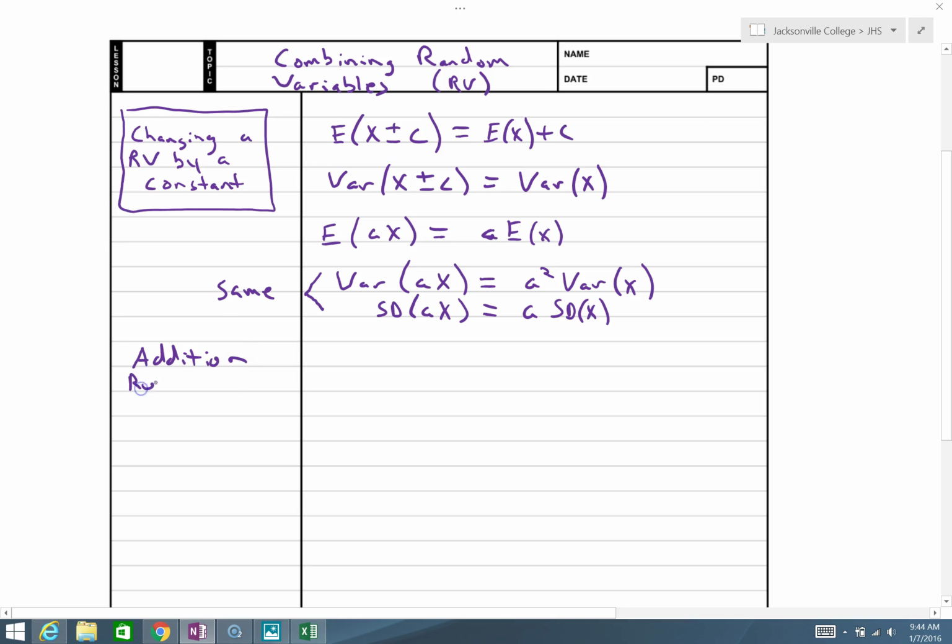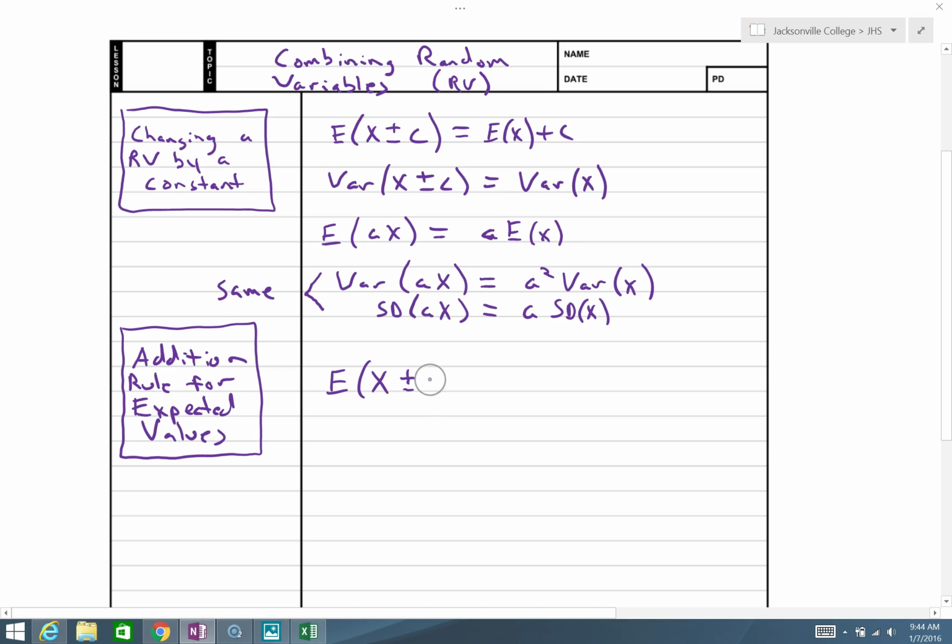Addition rule for expected values. If we have the expected value of some random variable x plus or minus some random variable y, it is simply the expected value of the random variable x plus or minus the expected value of the random variable y.